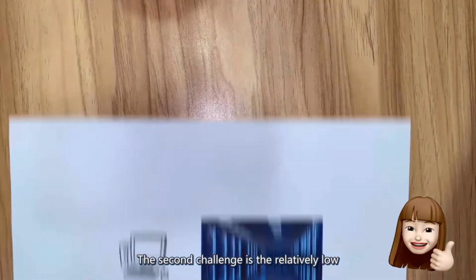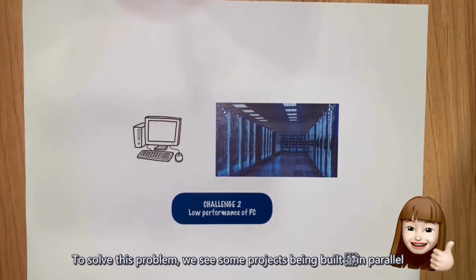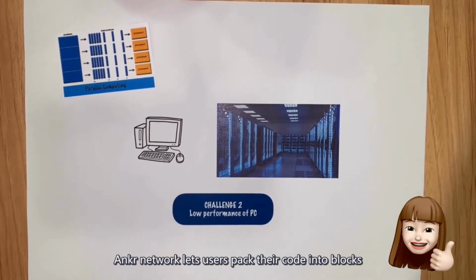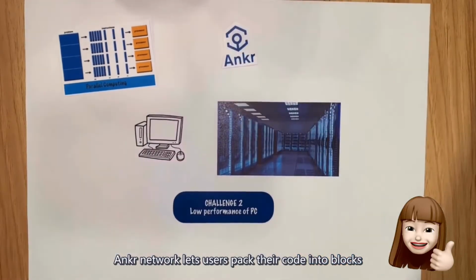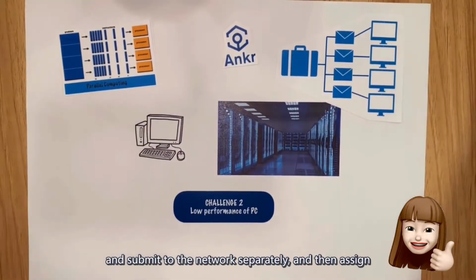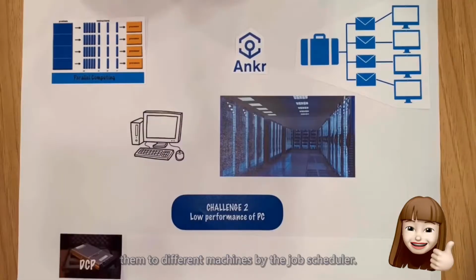The second challenge is the relatively low performance of PCs compared to professional machines. To solve this problem, we see some projects built to run code on multiple machines in parallel at the same time. Anchor Network lets users pack their code into blocks and submit them to the network separately, and then assigns them to different machines by a job scheduler.